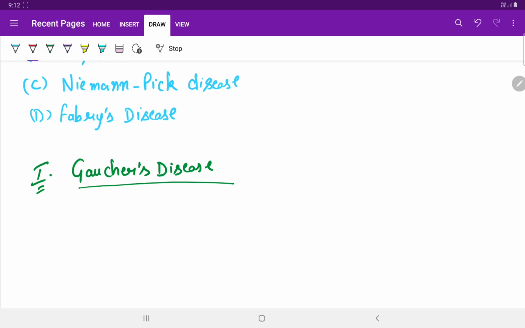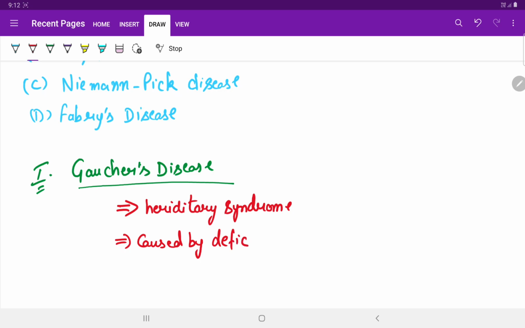So it is an hereditary disease that is mainly caused by deficiency of glucocerebrosidase.